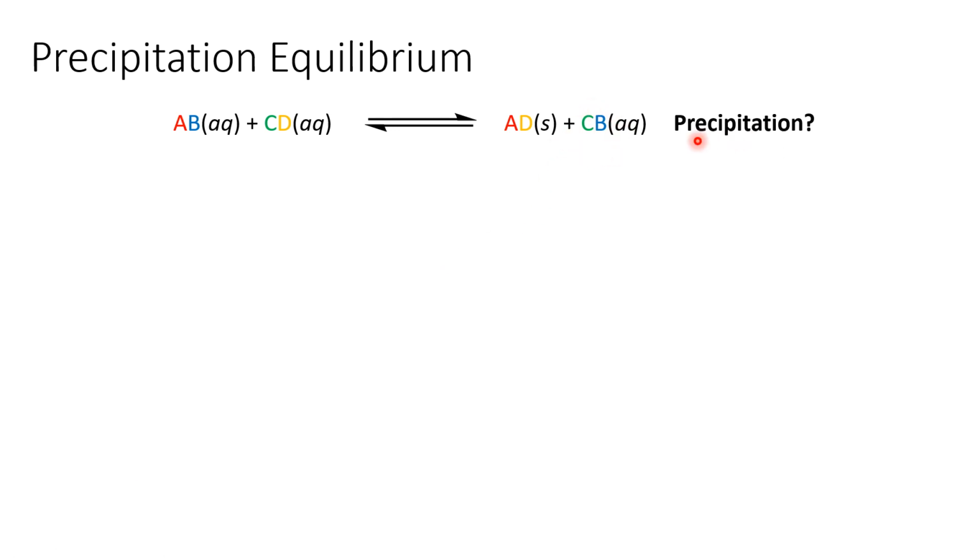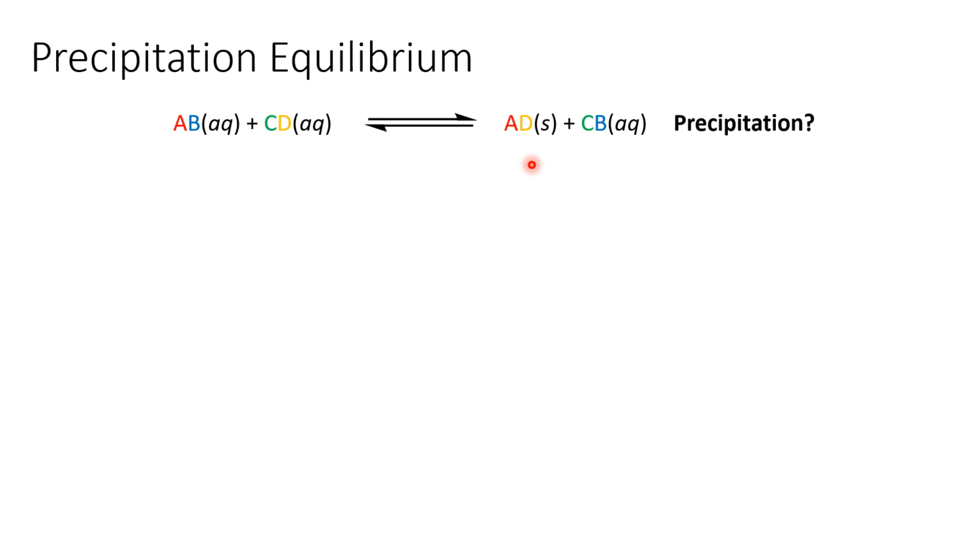But the question is, does precipitation actually happen? That's what we need to look at, because from your solubility rules, you can look and see when two ions are paired together, if they form a solid, are they going to stay a solid or not?